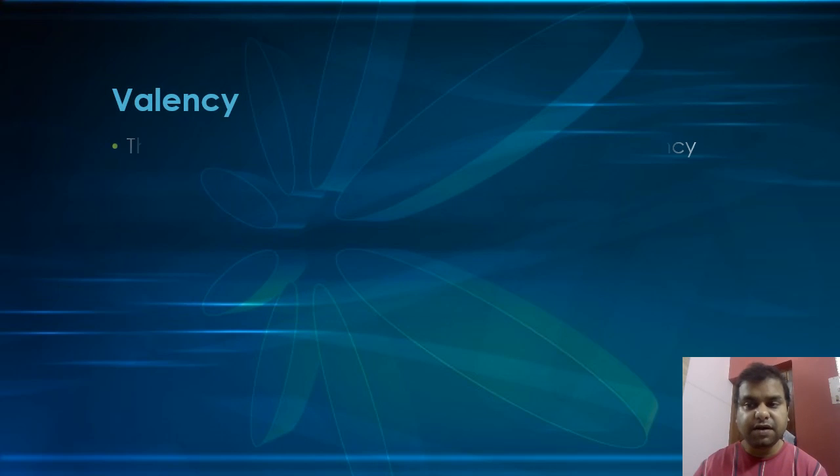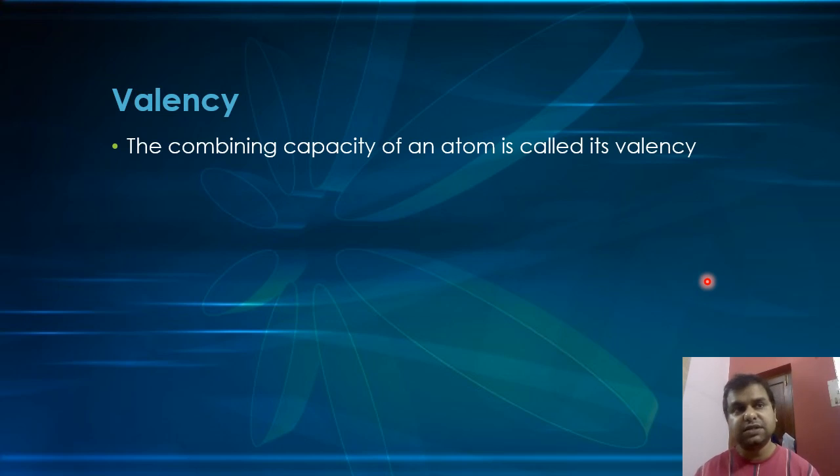We've learned about this in great detail in the videos that we went through. The links to those two videos, which explain in great detail how we get valency, are in the description below. Valency is known as the combining capacity of an atom.